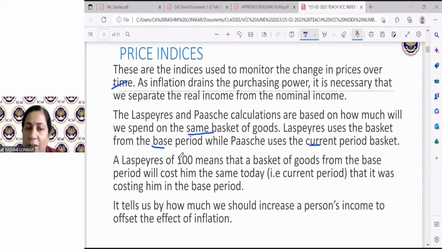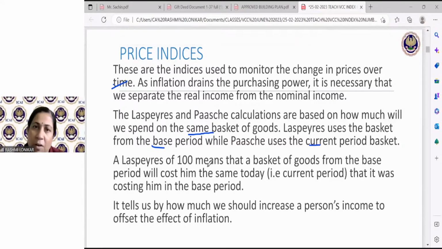A Laspeyres index of 100 means what? It means that a basket of goods from the base year will cost the same today. So 100 means it was the same price for the base year and the same price for the current year. We know that does not happen, but it is just for you to understand.